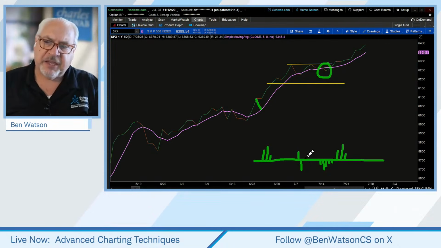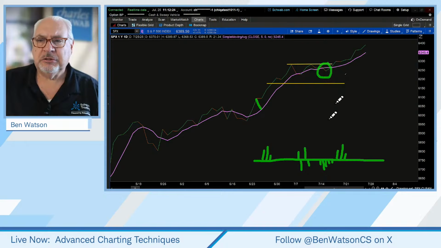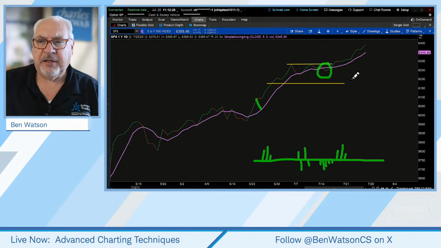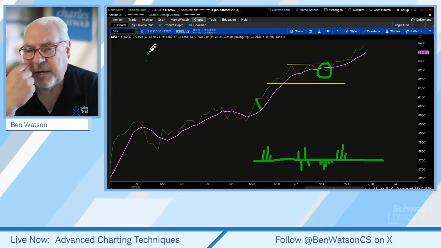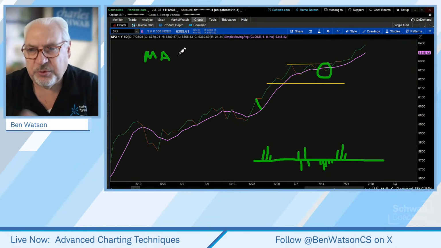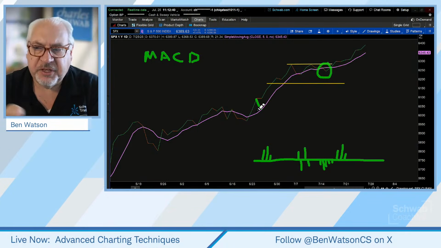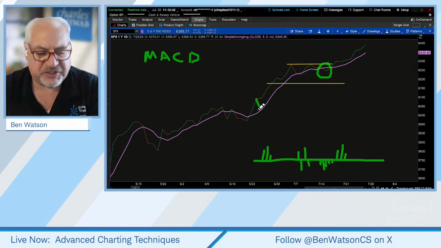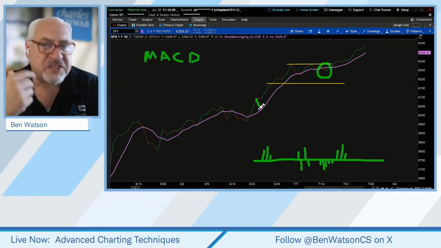So the mechanism that helps the MACD, the moving average convergence divergence, become an effective and useful tool is that smoothing effect of the difference between the two moving averages and then its average. So it is a smoothed indicator.